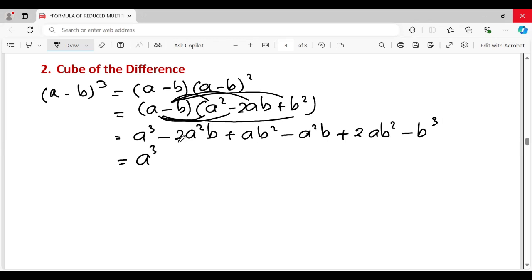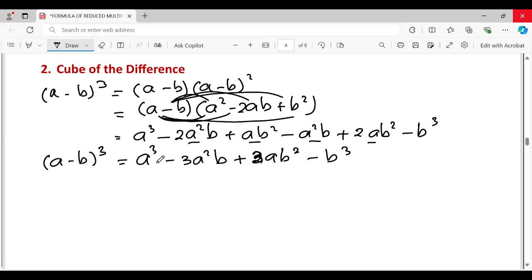And we can simplify: this term and this term gives minus 3a squared b. Now this term and this term, plus 2ab plus ab, gives 3ab squared minus b cubed. So a minus b cubed equals a cubed minus 3a squared b plus 3ab squared minus b cubed.